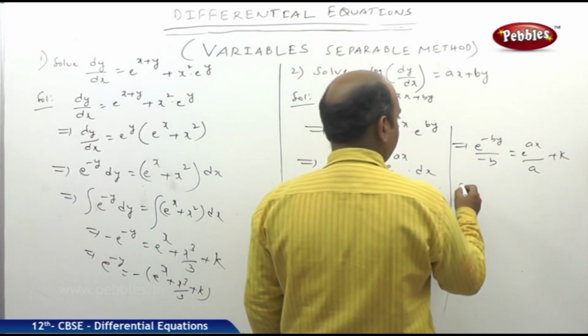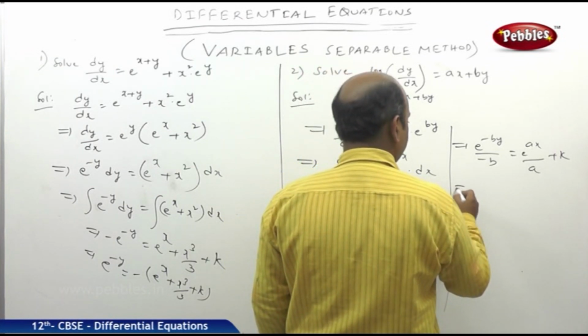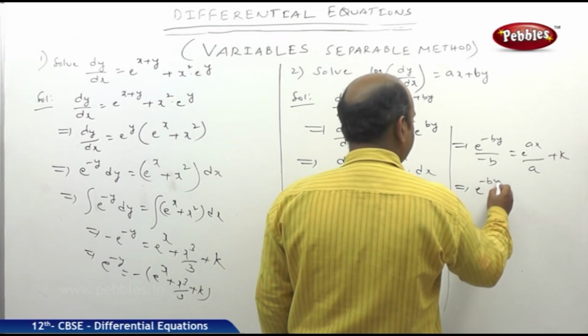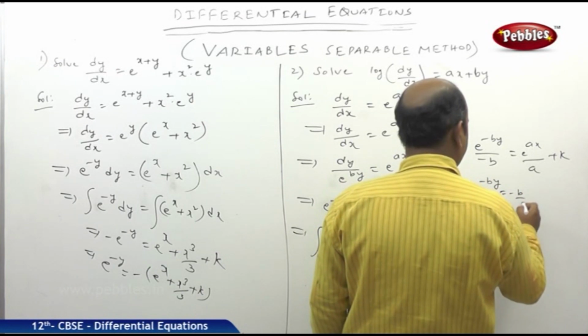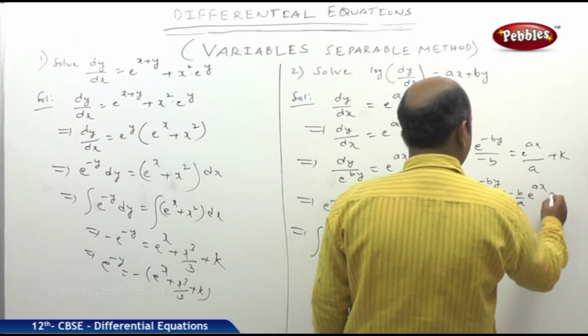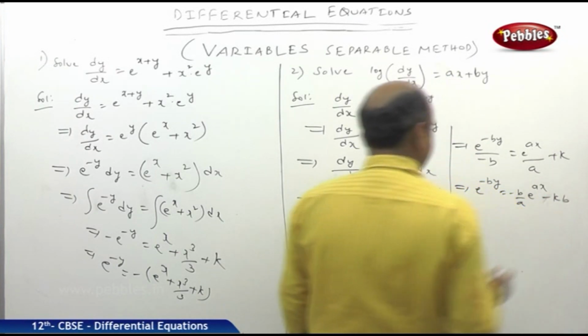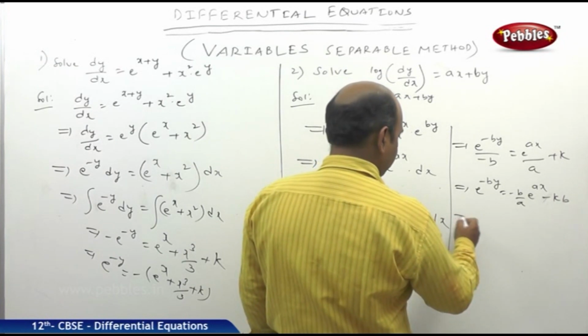Later I will go like this: e power minus by is equal to minus b by a e power ax minus kb. I think you followed, I multiplied with minus b on both sides.